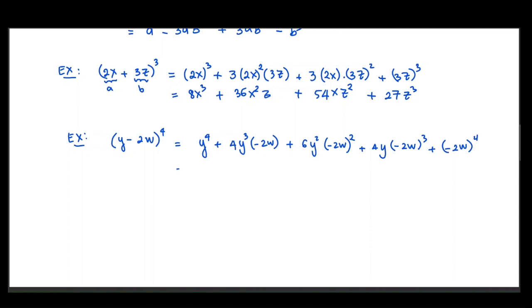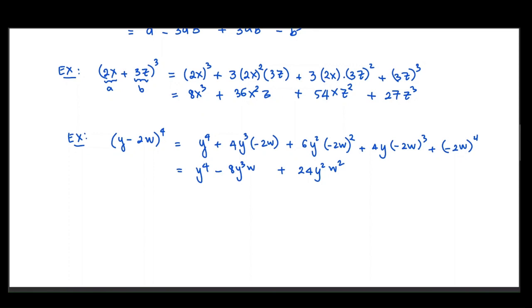Now we just clean it up. We have y to the power 4, negative times positive, we get negative 8 y cubed w. This negative squared becomes positive. 2 squared is 4 times 6 is 24, y squared w squared.